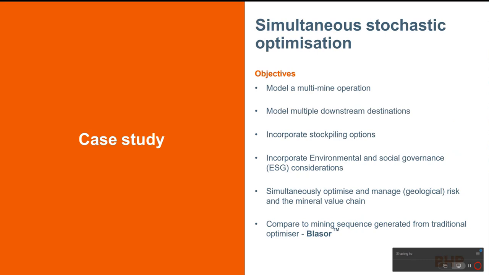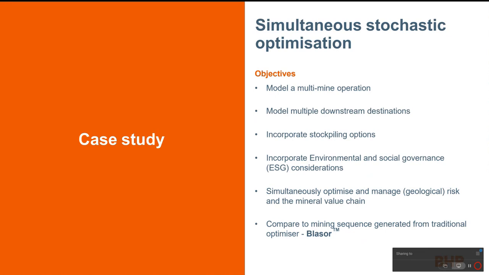The ultimate pits are independent, but the mining sequence can be generated together. So those limitations are the motivation for this case study that I'm going to talk about today, where we use simultaneous stochastic optimization to address some of those issues. Our case study is an iron ore mining complex. We wanted to include a multi-mine operation with multiple downstream destinations.